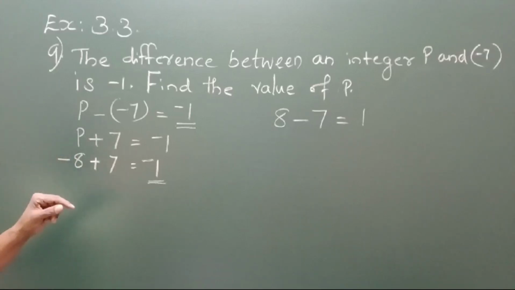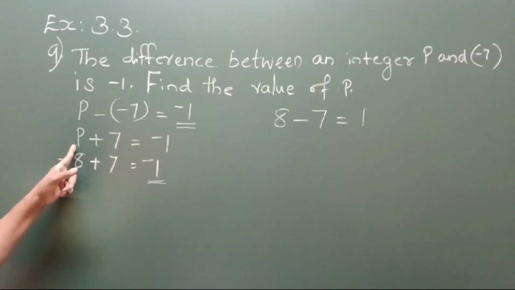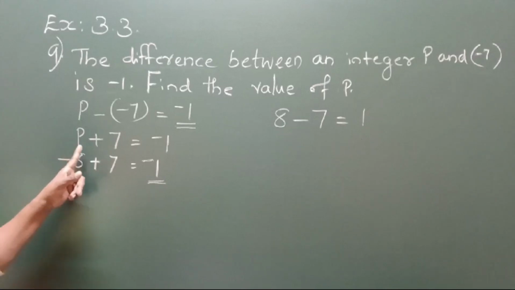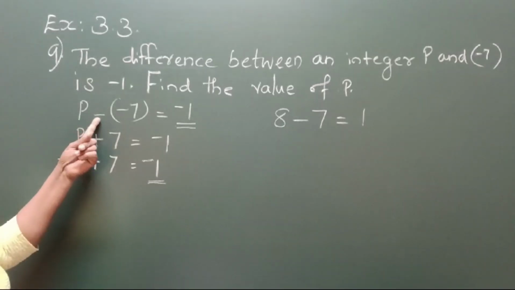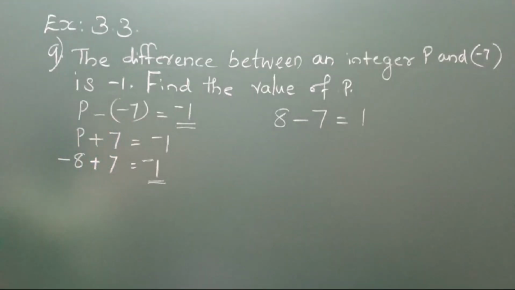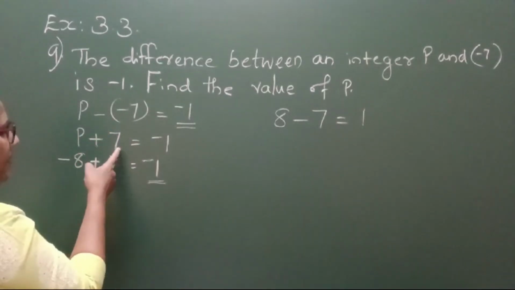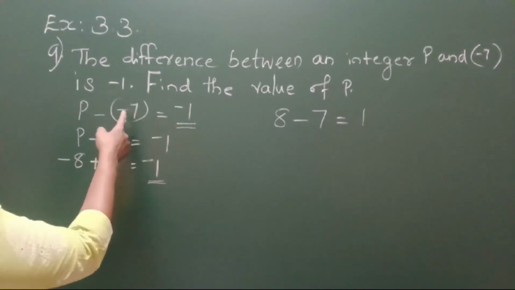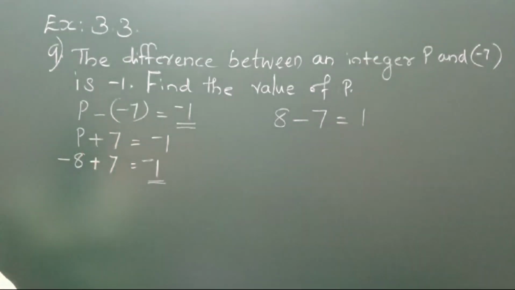Now what we have to do is find the value of p. So p and here minus 7. When we subtract a negative integer, we have to use the additive inverse. So plus 7. The sign changes, this becomes positive.